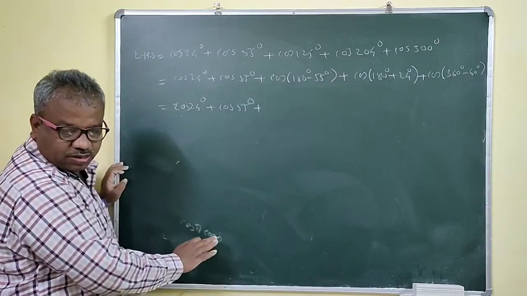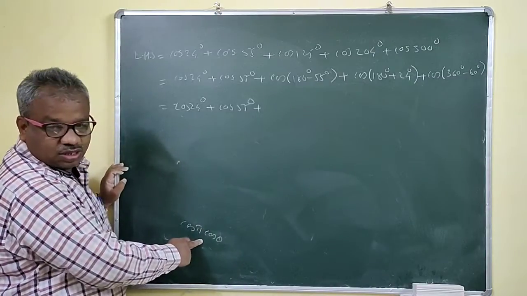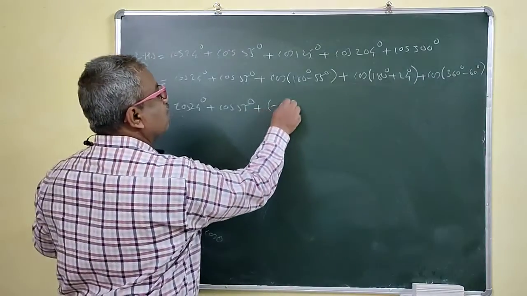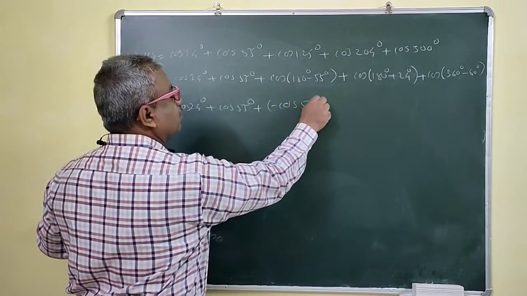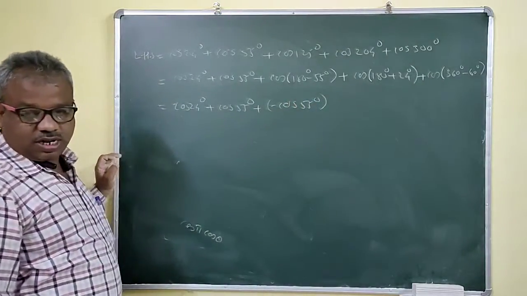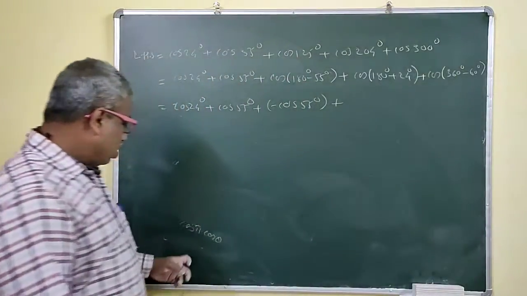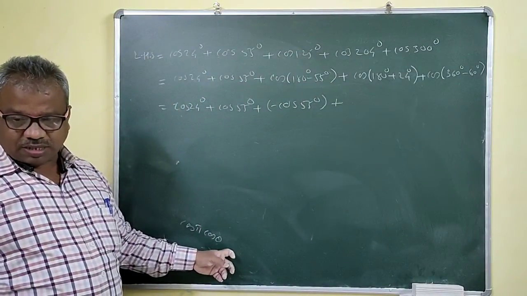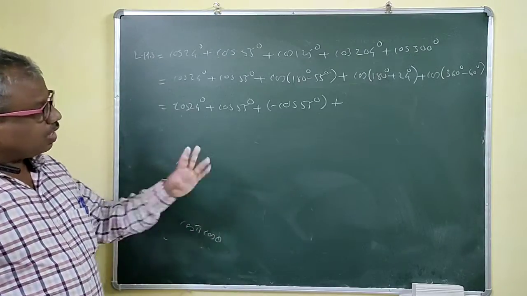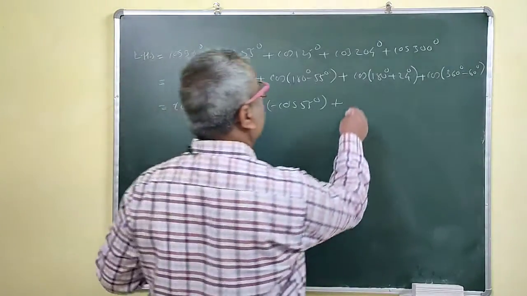Cos pi is minus 1, so minus cos theta, so this is minus cos 55 degree. Similarly this is also theta again, so the same, minus cos 24 degree.